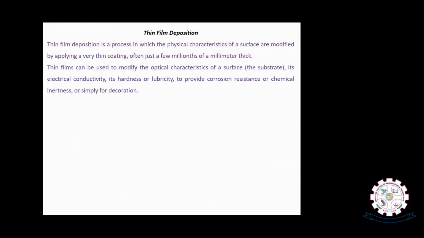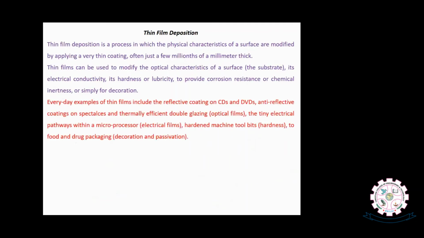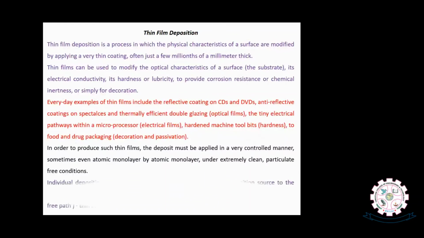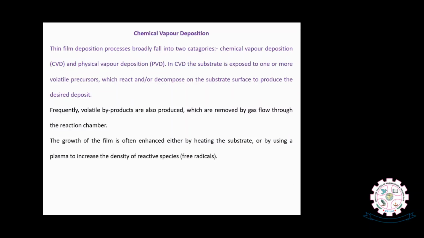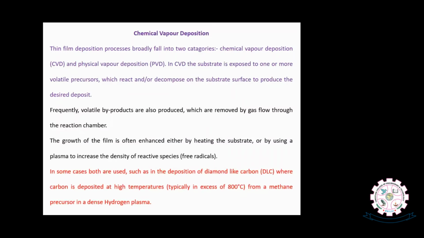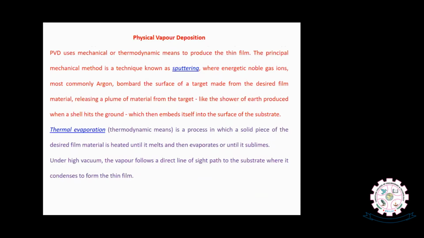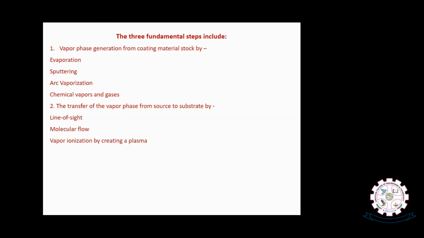Okay, and then I will just move on. Of course, how these things will happen, let me put up here. As I already told you, the differences between PVD and CVD, and the fundamental steps involved, I will just put up here. What are the fundamental steps involved in PVD or CVD?